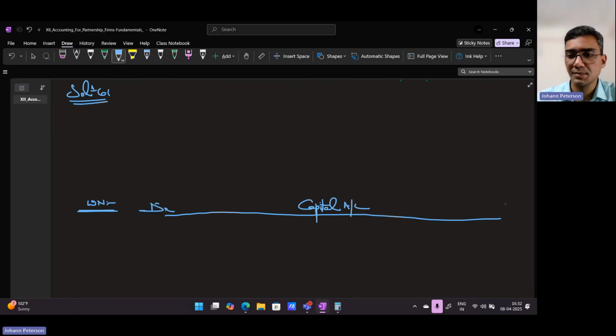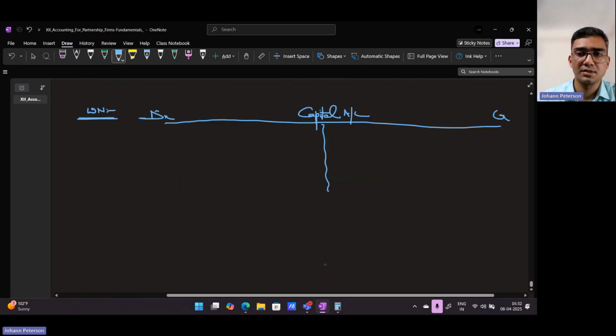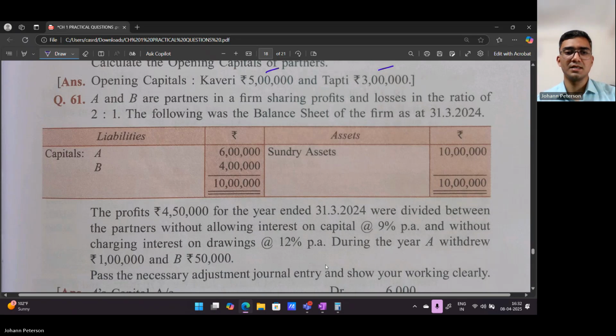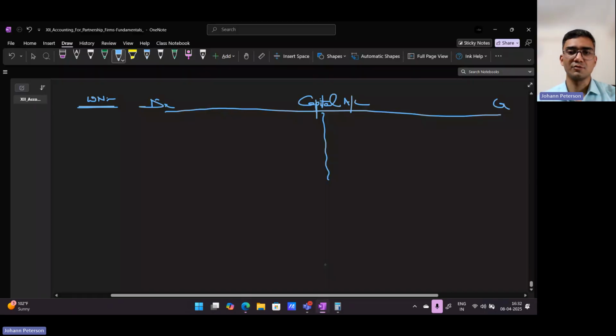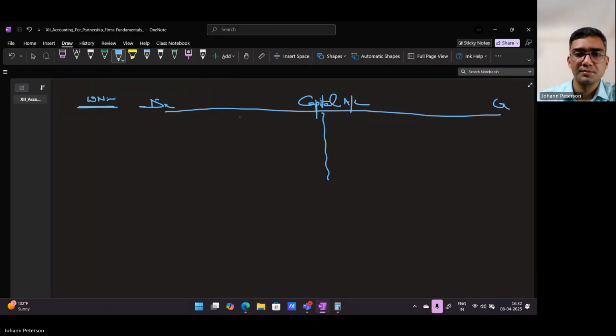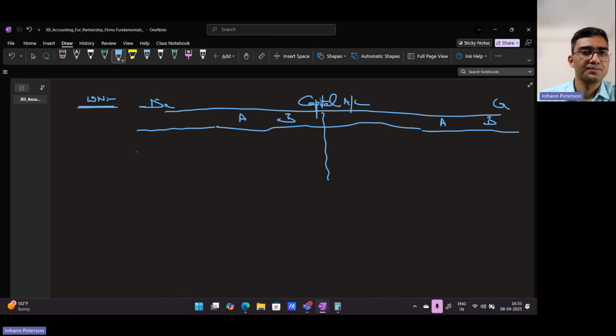Again, debit, credit. We have two partners. Their names are A and B. Closing capitals are 6 and 4. So I would write this on the debit side, as to balance carried down. Amounts are 6 lakh and 4 lakh.